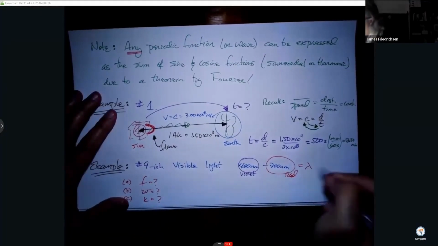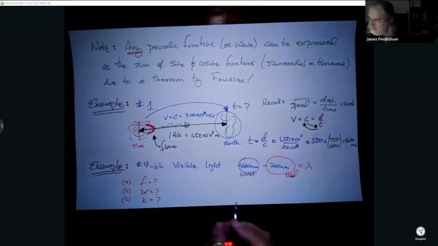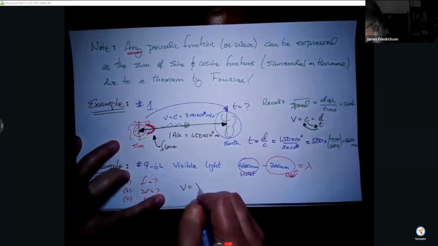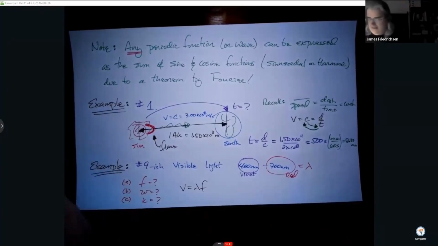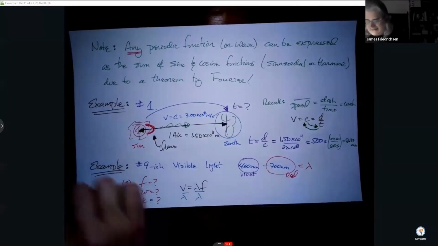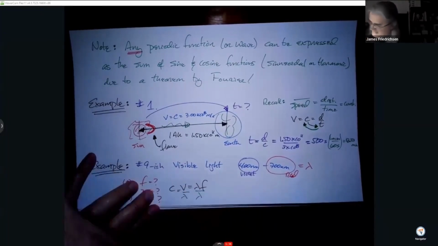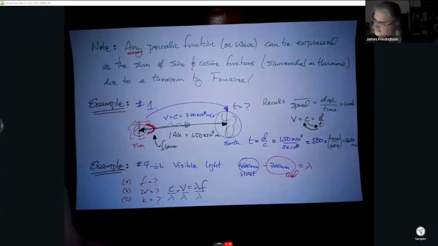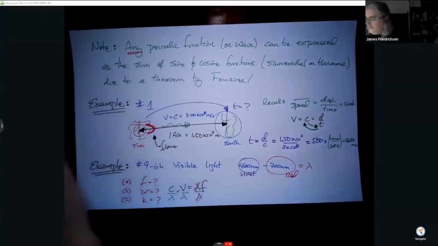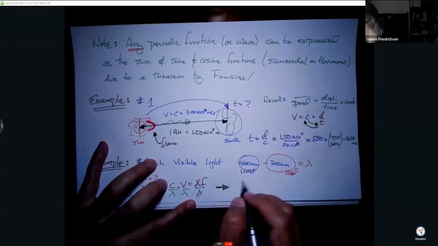All right, so this is our wavelength for red, and they want the frequency. And so then what we can look at is the formula that v is equal to lambda f. And then if we divide both sides by the wavelength, and again, we remember that this is in a vacuum, and so this is c is v, then we can calculate our frequency for the red end of the visible spectrum, okay?